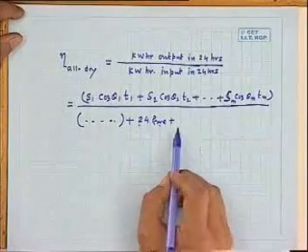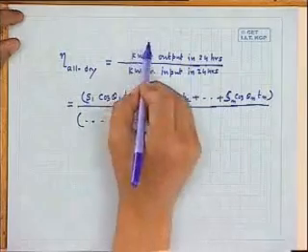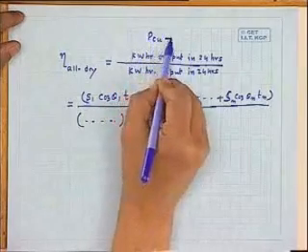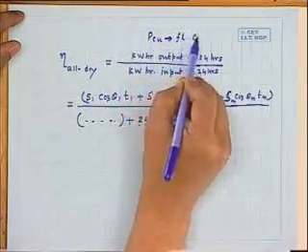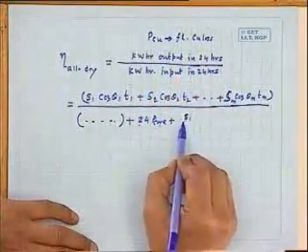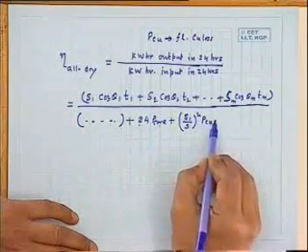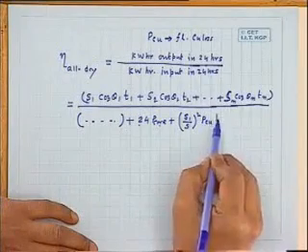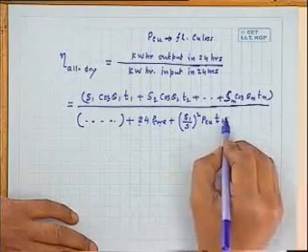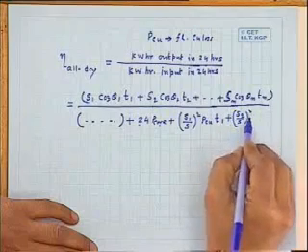Now tell me this one, say first T1 hours. Suppose PCU is the full load copper loss. What will be the first term? It will be S1 by S whole squared into PCU into T1.